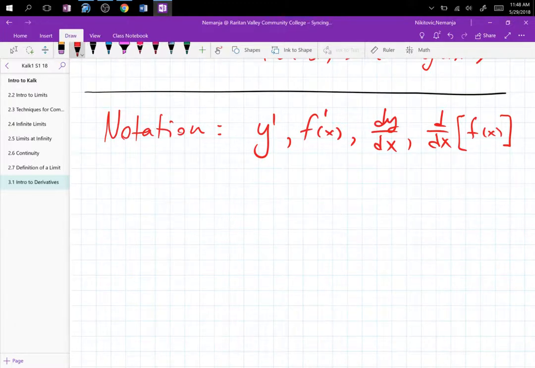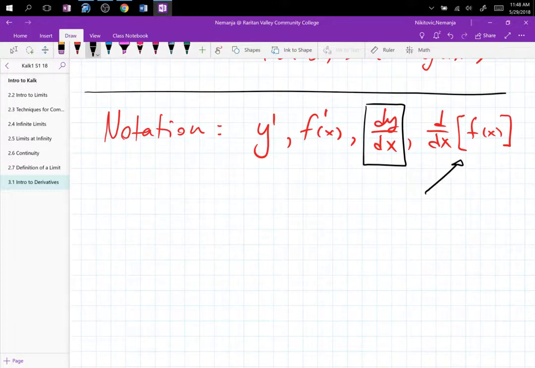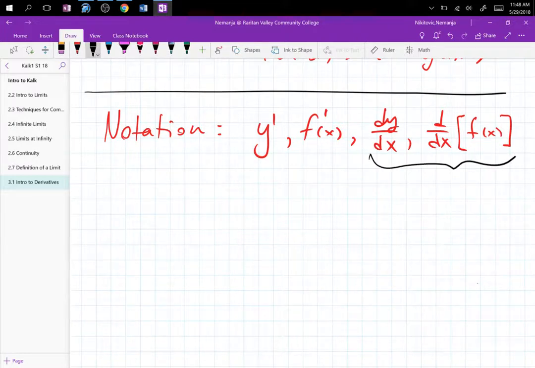Now, the major notations for us: 95% of the time, I will be using this one because it is the best. Combined with this, obviously, but that's pretty much the same. You know that f of x is y, so it's not a big deal. So 99% of the time it's going to be this, and that 1% of the time it's going to be that.